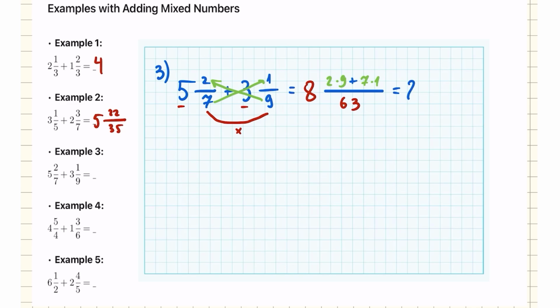This is equal to 8, then 18 plus 7 over 63. Then we just add, and we get 8, and the fraction section is 25 over 63. That's the answer.